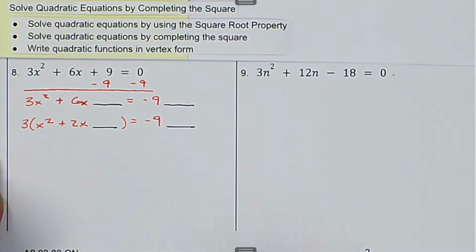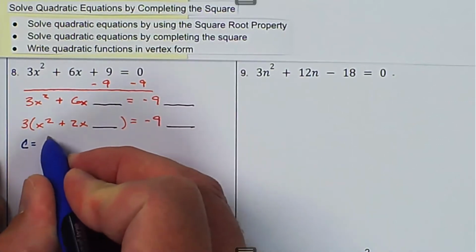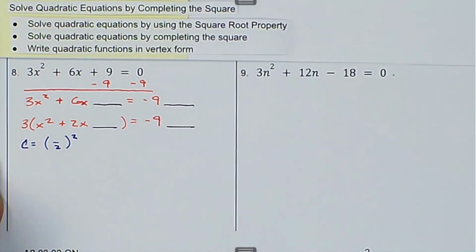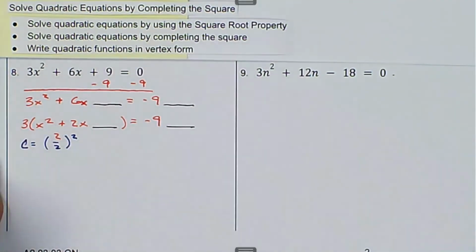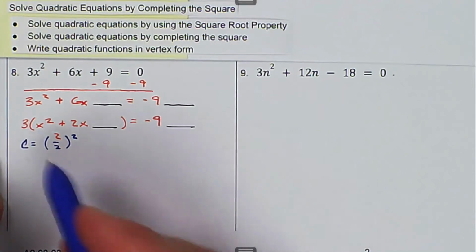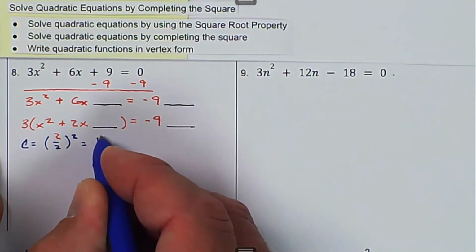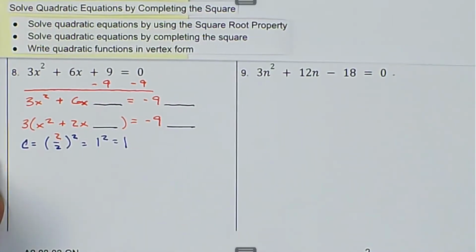Well, our c value is going to be equal to our b value divided by 2 and then squared. In this case, our b value is positive 2. So 2 divided by 2 is 1, and 1 squared is equal to 1. Again, we have to pay attention to what values we are actually adding.